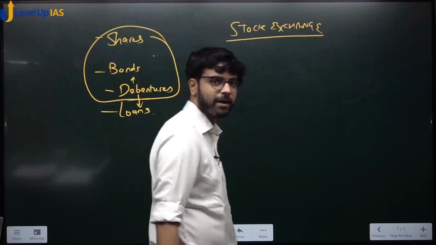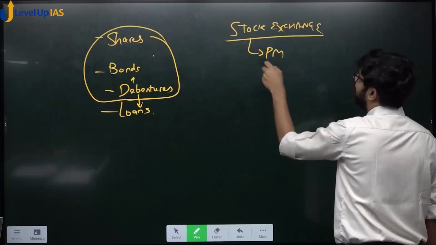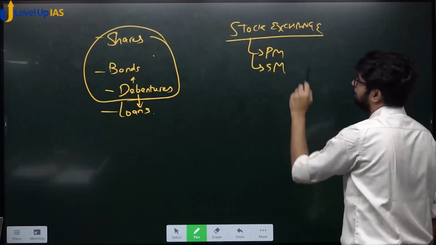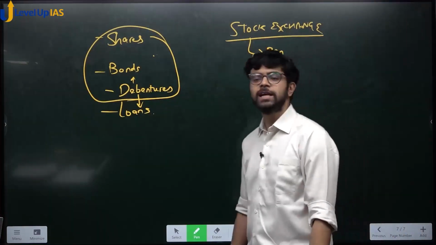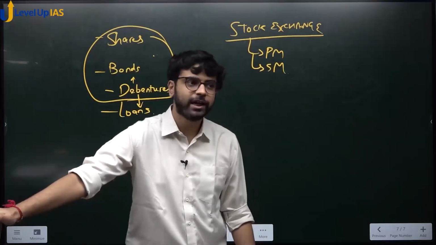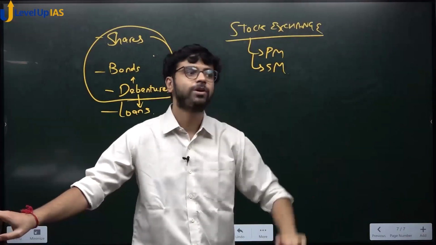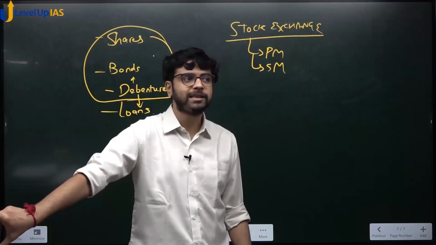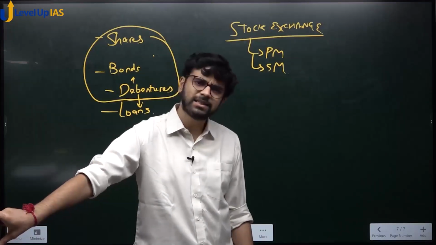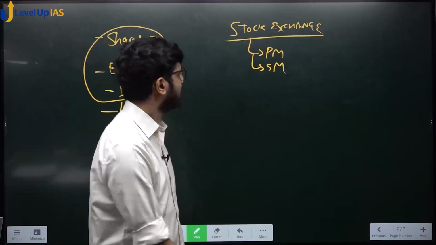So stock exchange has both parts, primary market and secondary market. Understood now? So let's say if you go to a stock exchange and say that I want to buy new shares of a company, it will say go to the primary market window. If you say that I want to buy shares of Tata Motors, it's already existing, its share is running, go to secondary market. Understood now?